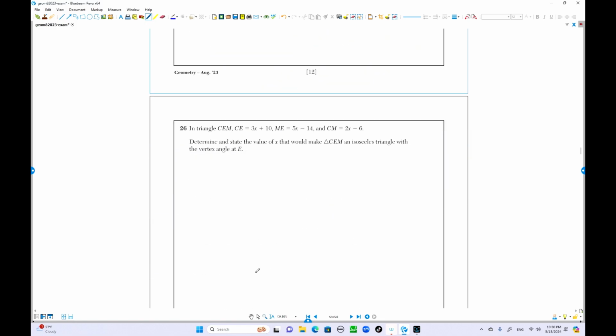Here is number 26. Triangle CEM. CE is 3x plus 10, ME is 5x minus 14, CM is 2x minus 6. The angle at the vertex, so these two angles are base angles.